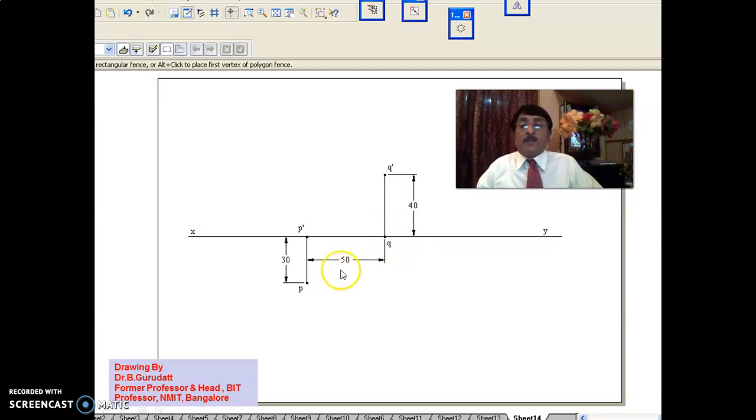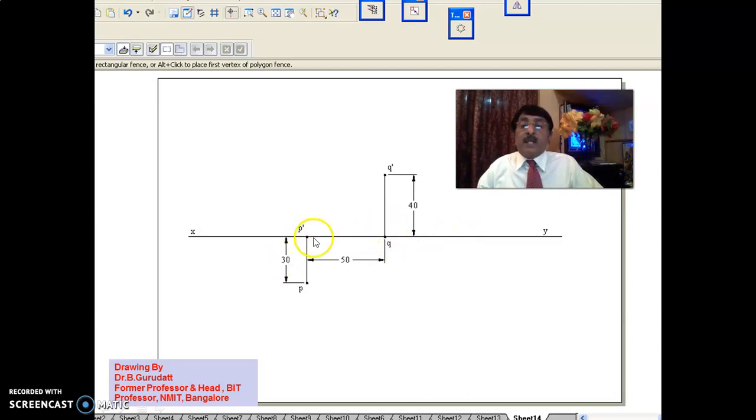But what you are supposed to know here afterwards is, as soon as you look at this, you should be in a position to say, when dashes are on the XY line, P dash, Q dash, R dash, S dash, immediately you say they are the points lying on HP. When without dashes, Q, R, S, T, in that way, if they lie on the XY line, they are lying on VP because the distance in front of VP is 0.